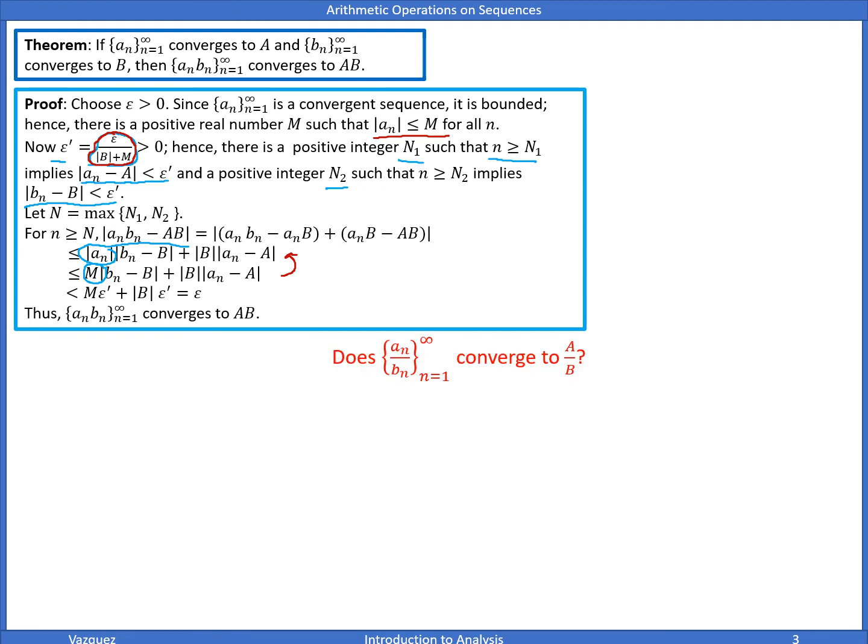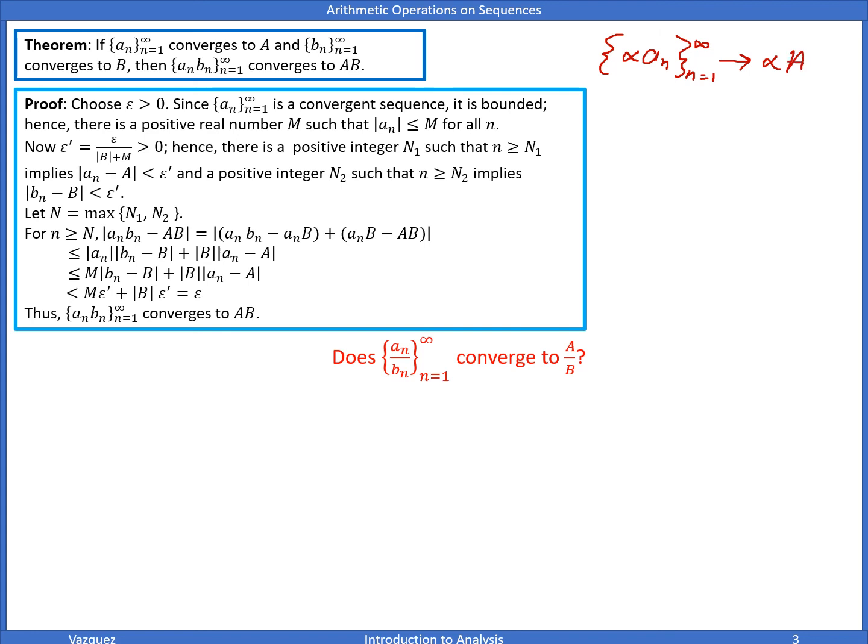And then here, actually, I brought up the question, does an over bn converge to a over b? That's an interesting question. But before we even move on to that, I just want to mention some things that I'm going to write down on the side. From here, we can now see that, for example, let's say if we had the sequence alpha times an converging, well, this actually converges to what?